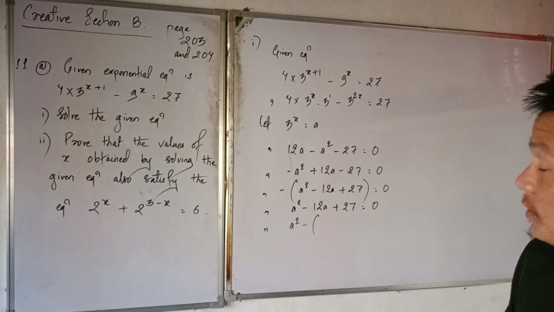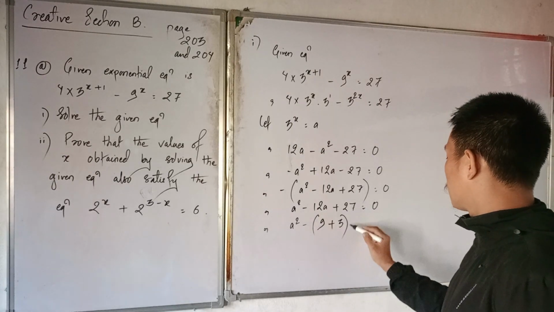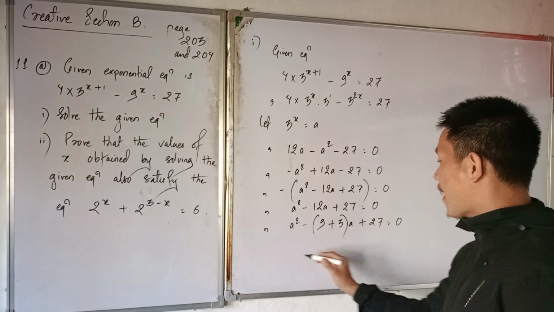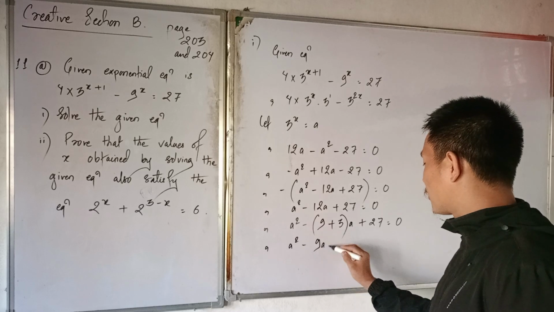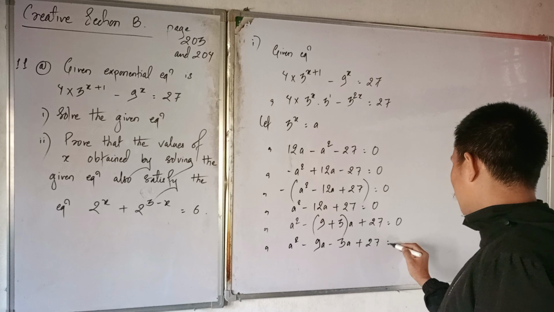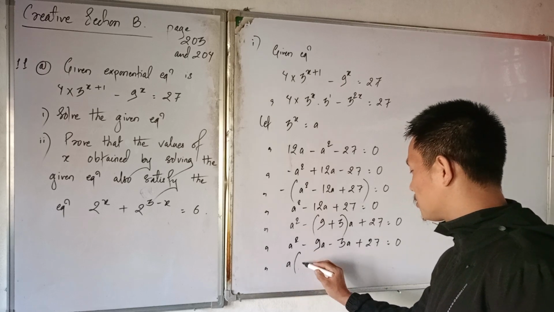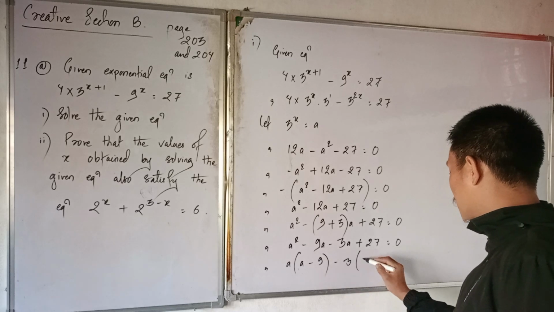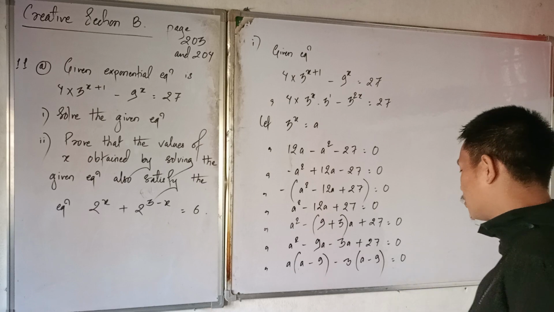9 times 3 is 27, 9 plus 3 is 12. So factorizing is the most important, so you have to know how to factorize this. If you don't know factorizing, then try to seek help from your junior brothers, sisters, or whoever. Minus 3a minus 9a plus 27 equals to 0.